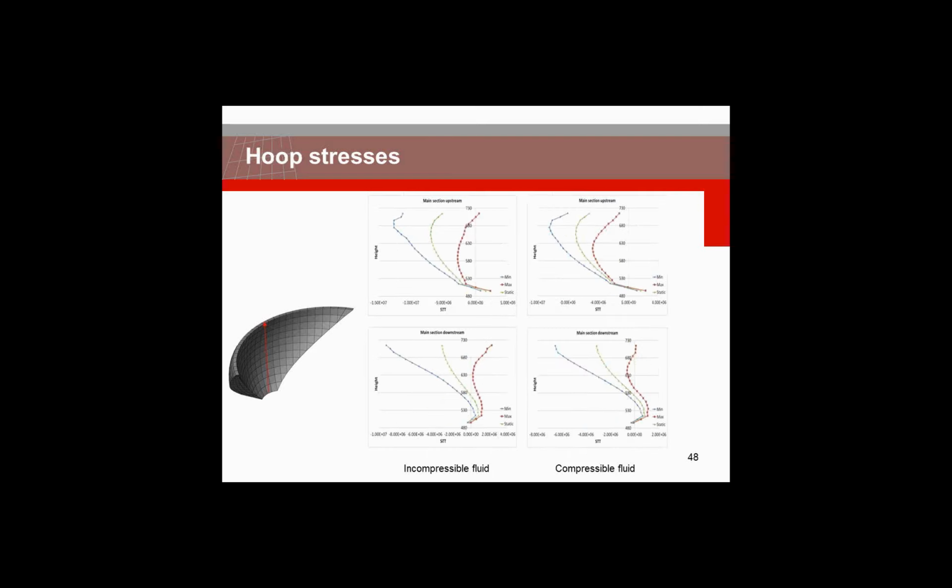The hoop stresses are presented in a similar way, and here we can see that it's the opposite of the previous case. In the incompressible case, we obtain hoop stresses that are bigger than in the compressible case, and this could have the opposite effect of having a too conservative design, right? If we don't consider the compressible or the frequency dependent terms.